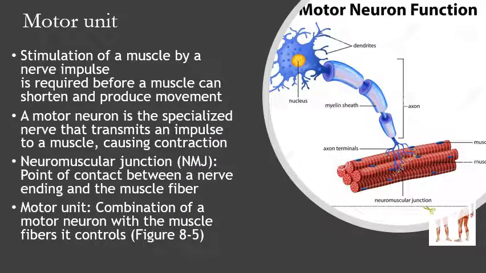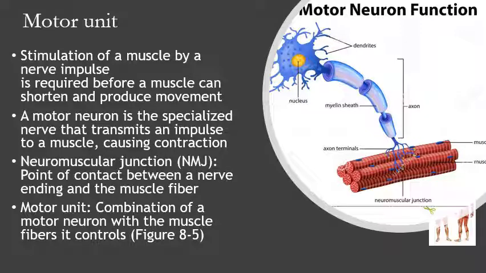Well, let's look at what the neural system has to do with movement of muscles. So there's a unit called a motor unit. Motor meaning movement, okay? So motor units stimulate the muscle by a nerve impulse.